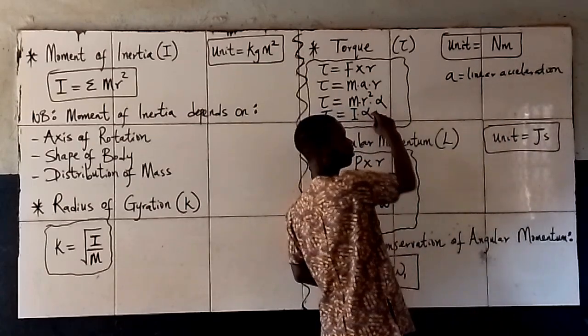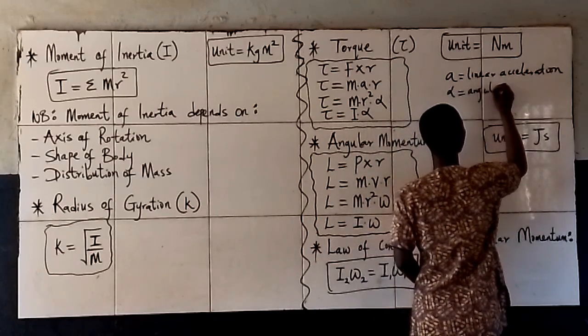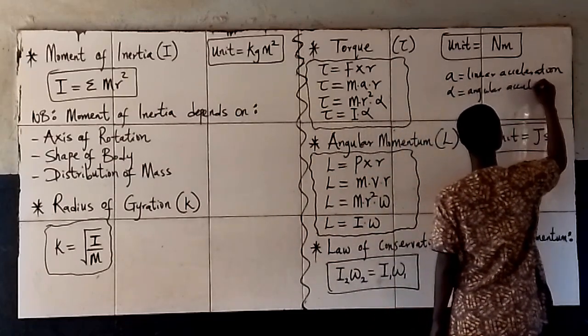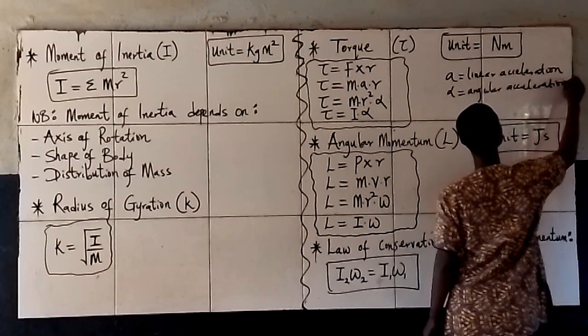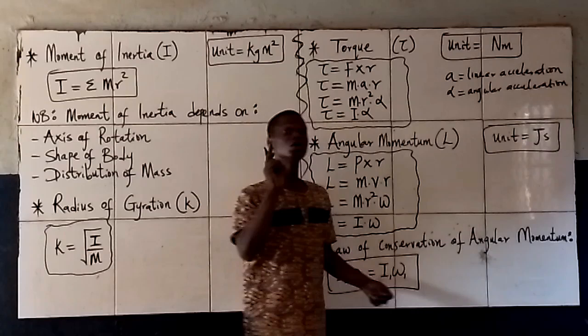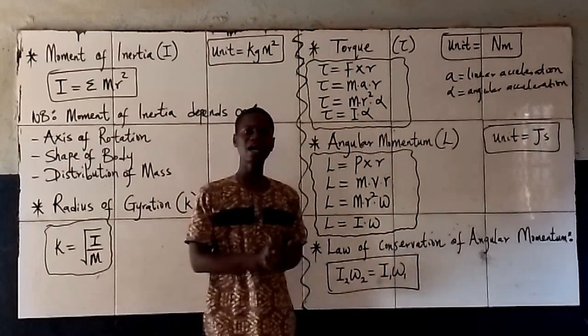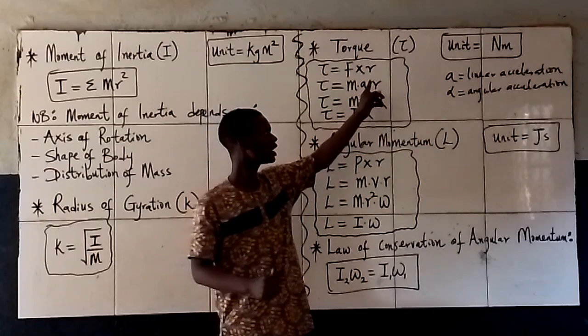But this form of a, which is called alpha, stands for angular acceleration. So I'm trying to say here that if you know the linear acceleration, not the angular acceleration, you can use this formula: mass times linear acceleration times radius.